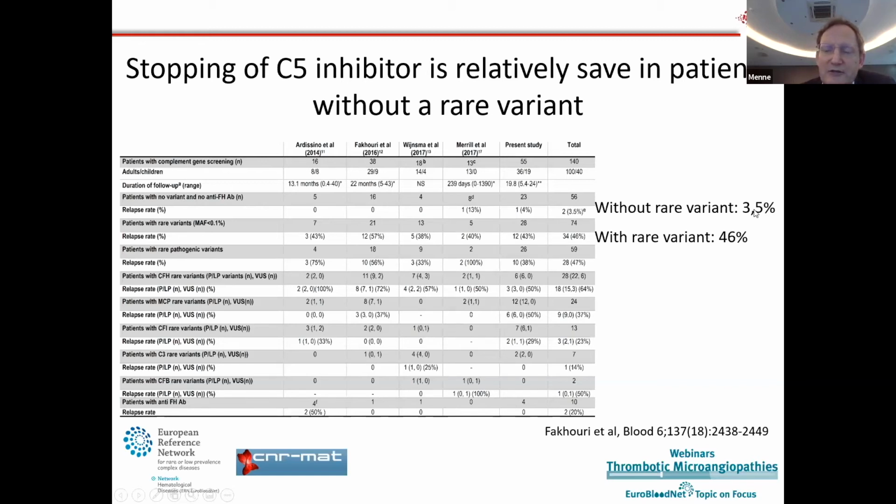And this is the same as what we had in our prospective data: without a mutation, about 6% had a relapse, and the rate was about 30 to 40% with a rare variant. And of course, in 2009, when the studies were done, we did not have a complete genetic workup. So it might be that the patients without rare variants actually have some mutations that are still not identified.